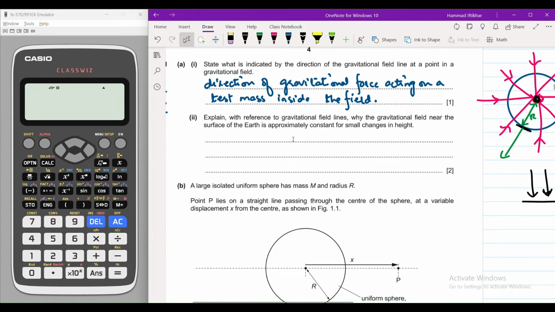So with reference to gravitational field lines, first we have to state that the radius of the Earth is very large compared to small changes in height at the surface.